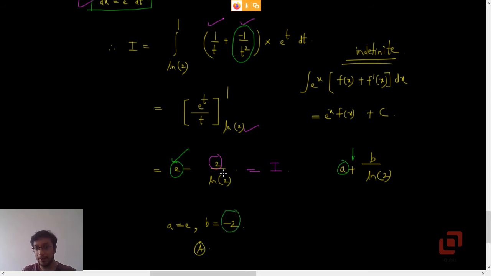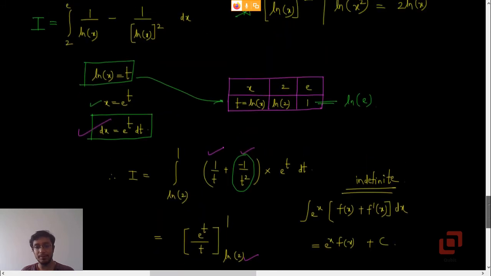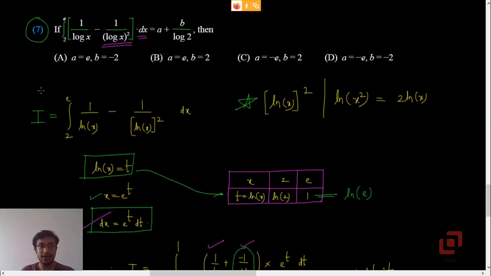So you have to carefully pick b. Chances are that you may get confused or commit a mistake in finding the value of b if you do not consider the negative sign. So a is e and b is negative 2. So that is option A.